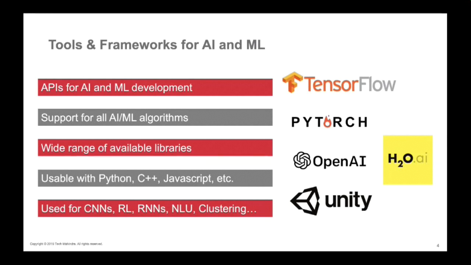They have a wide range of available libraries which can be used with many different languages such as Python, C++, JavaScript, and such. In terms of the actual technologies themselves, they support convolutional neural networks, reinforcement learning, recurrent neural networks, natural language understanding, clustering, and much more.